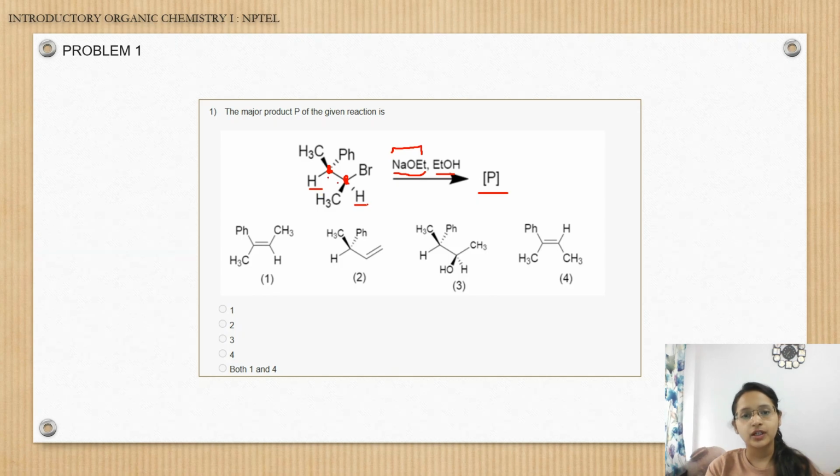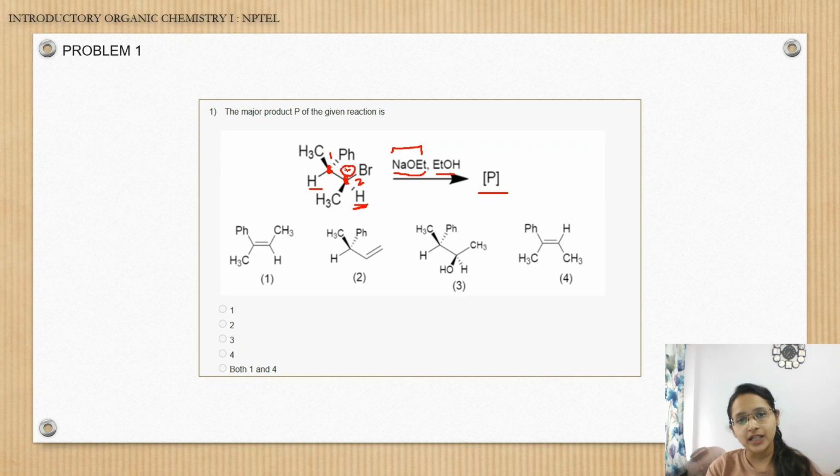In the case of chiral center 1 and chiral center 2, if you abstract a hydrogen from carbon number 2, then you will end up having a negative charge on this carbon. But what will happen next?